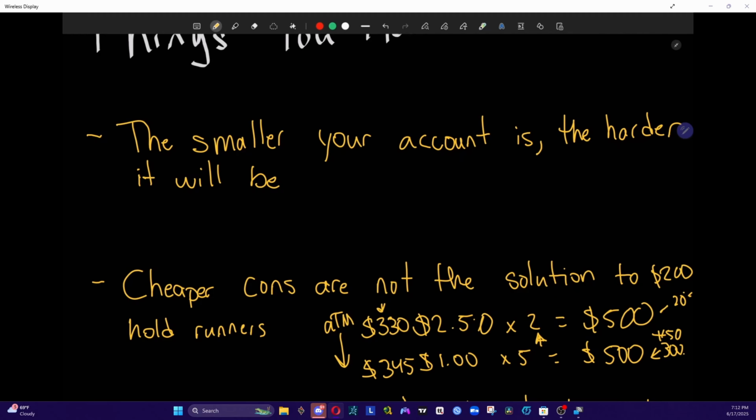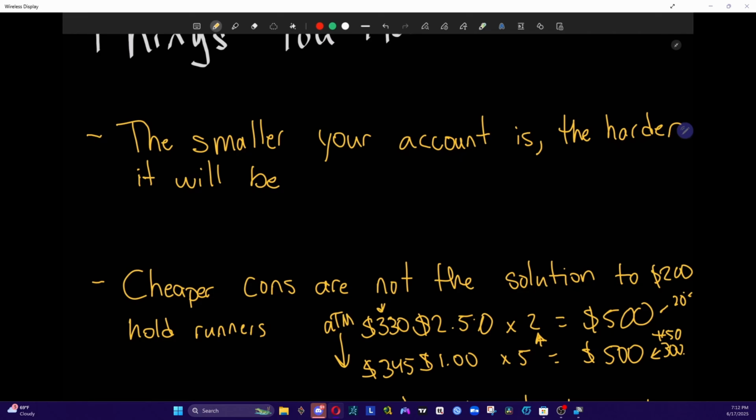So just because you want to hold runners does not mean you have to go farther out of the money to afford more contracts. In my opinion, depending on what you're trading, it is much safer in the long run to get contracts that are reasonably at the money and also a good distance away from being at the money. Because when you're day trading, you don't always want to get the contract that's at the money because you're kind of limiting yourself.